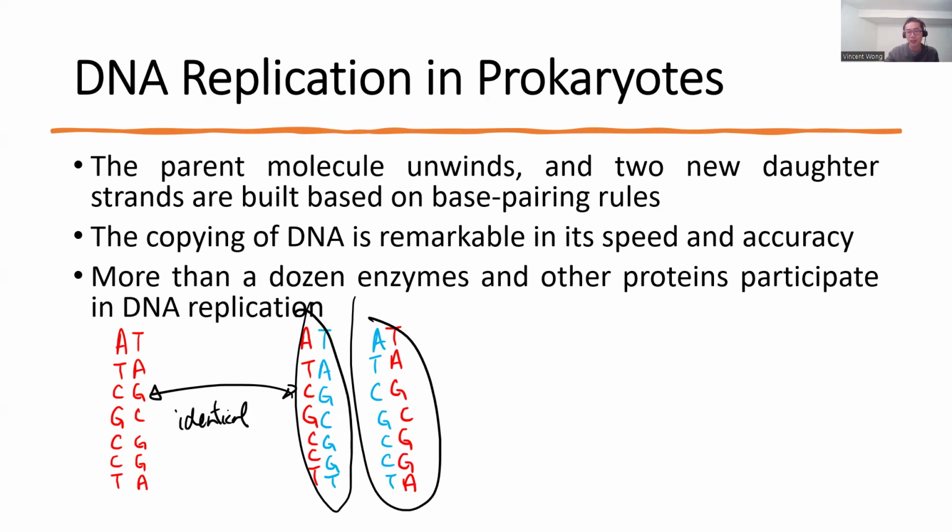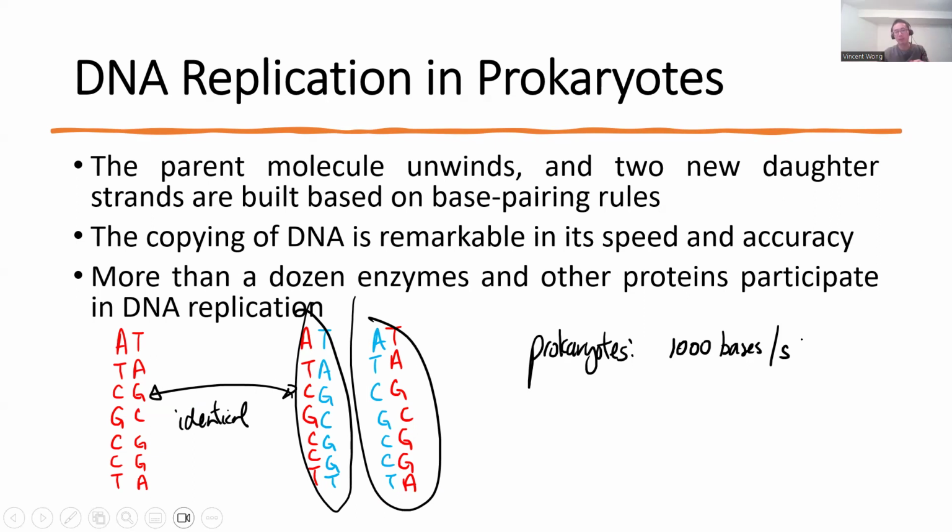For prokaryotes, you don't have to memorize these numbers, I'm just telling you, it's about 1,000 bases per second. Every second it's able to copy 1,000 A, C, T, Gs.